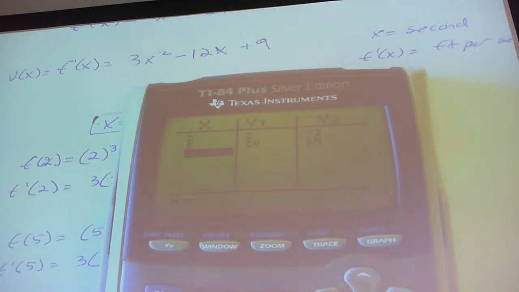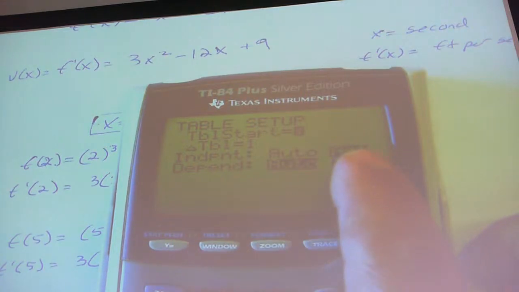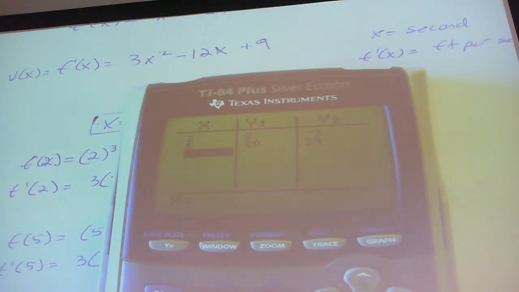Now, if you're not able to plug in 2 and 5, you have to make sure your table's set. Second window, make sure it's Ask Auto. We already set the table. We can't set it every single class, so you have to set it and keep it. If you're borrowing a calculator every week, which is fine, just make sure you go to second window and make sure it's Ask Auto. Then when you go to second graph for the table, you can plug in 2 and 5. Is everybody getting the same answers?